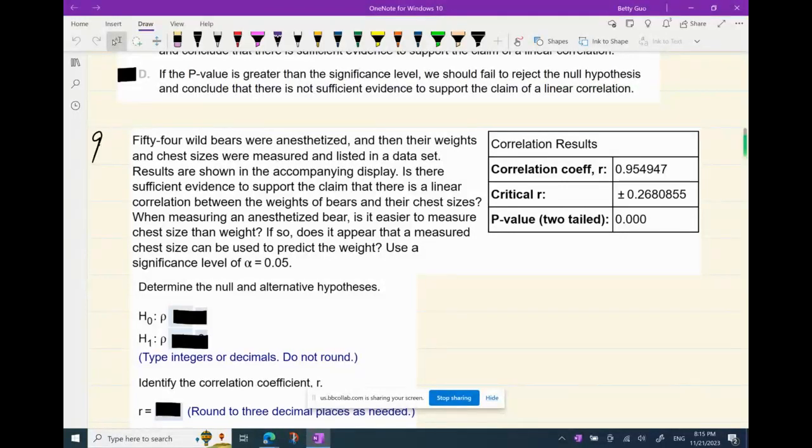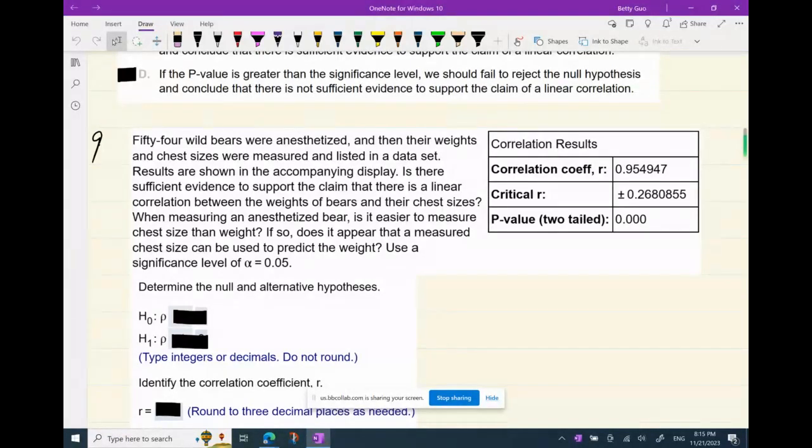Results are shown in the accompanying display. Is there sufficient evidence to support the claim that there's a linear correlation between the two variables? The first variable is the weight of the bear. The second variable is the chest size of the bear.